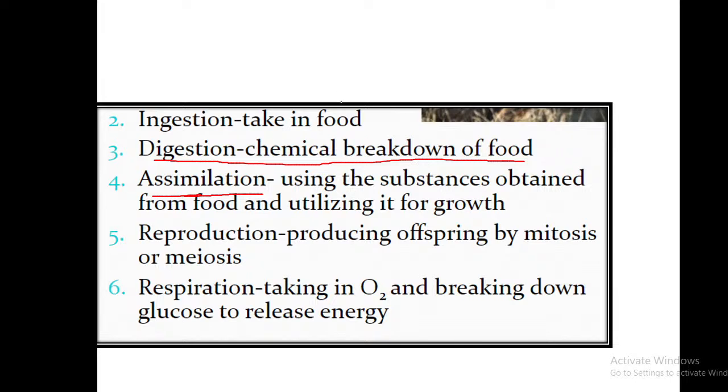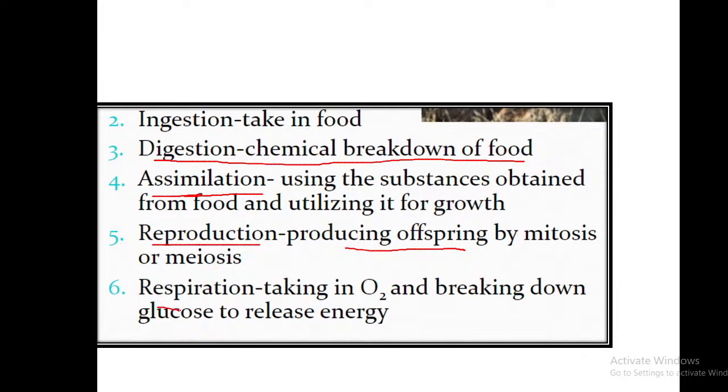അപ്പോൾ assimilation എന്ന് വെച്ചാൽ കഴിക്കുന്ന ഫുഡിൽ നിന്നും ഞാൻ നേരത്തെ പറഞ്ഞ പോലെ എനർജിക്ക് വേണ്ടിയിട്ടും ഗ്രോത്തിന് വേണ്ടിയിട്ടും the food will be used by the organism. Now reproduction means producing offsprings by mitosis or meiosis. Simple multiplication വഴിയോ അല്ലെങ്കിൽ meiotic division വഴിയോ can reproduce.